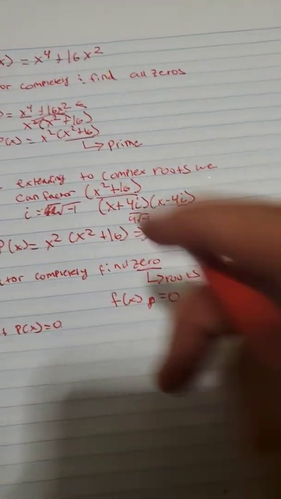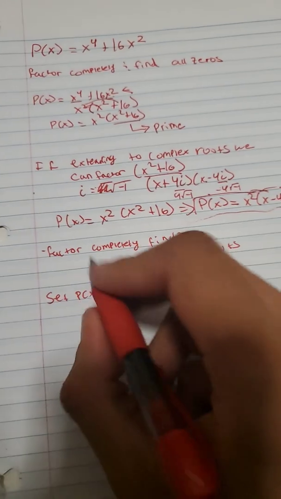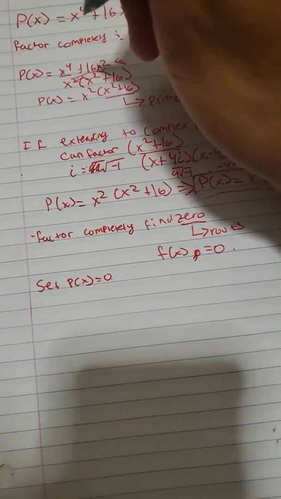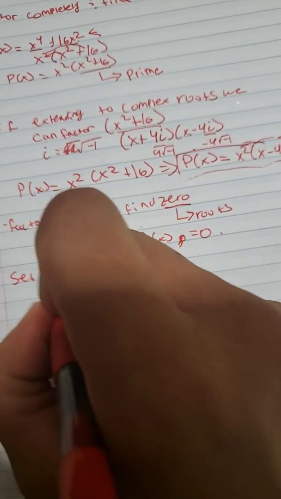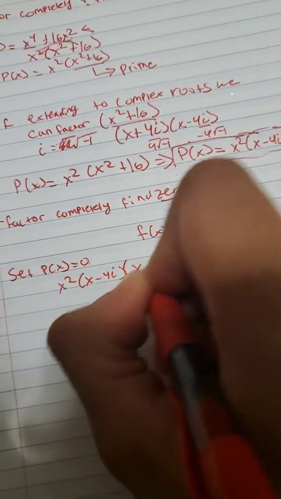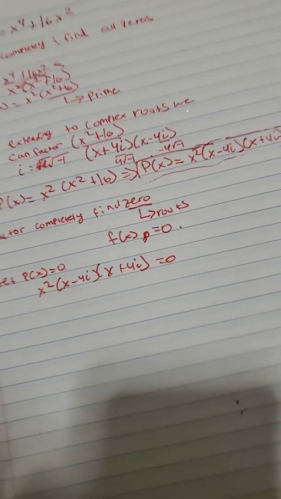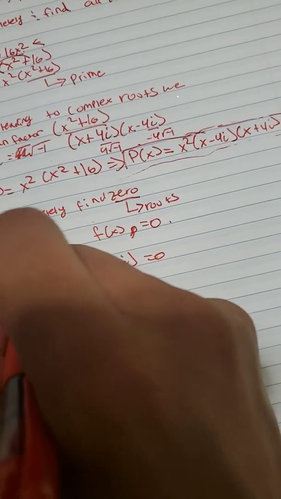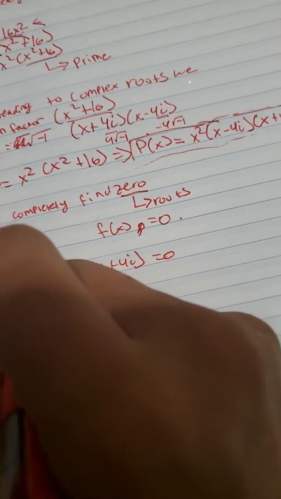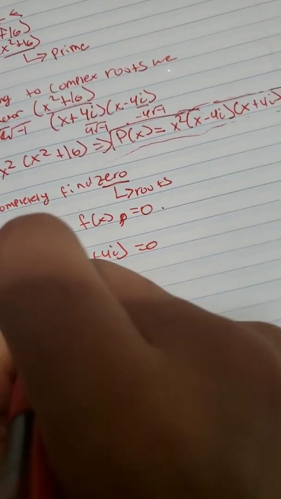So p of x is equal to 0, and we fill in what p of x is equal to: x squared times (x minus 4i) times (x plus 4i). And we set each piece equal to 0. Each one of these three pieces equals 0.